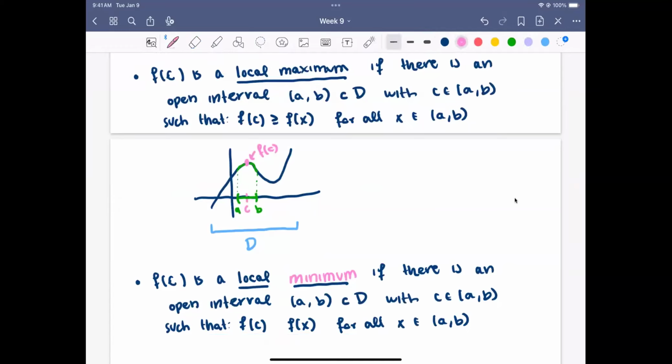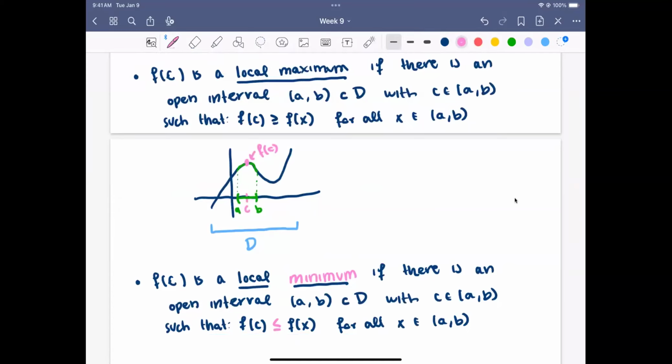So f of C is less than or equal to f of x for all x in the interval. Okay, good. So let's look at an example.